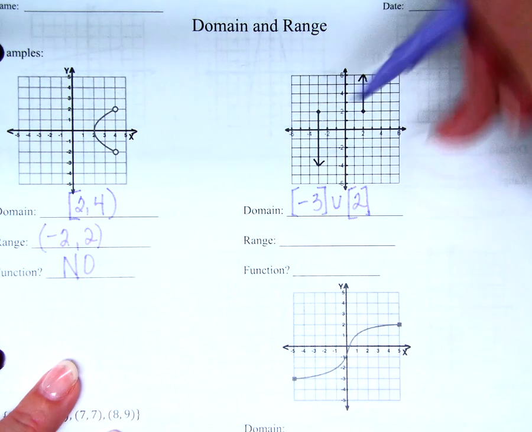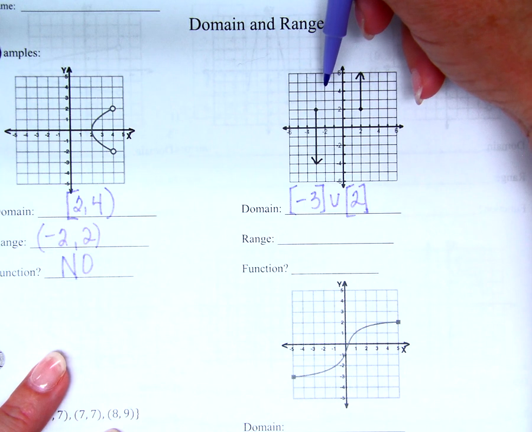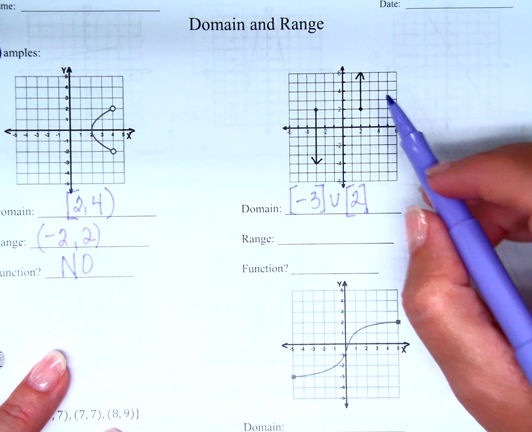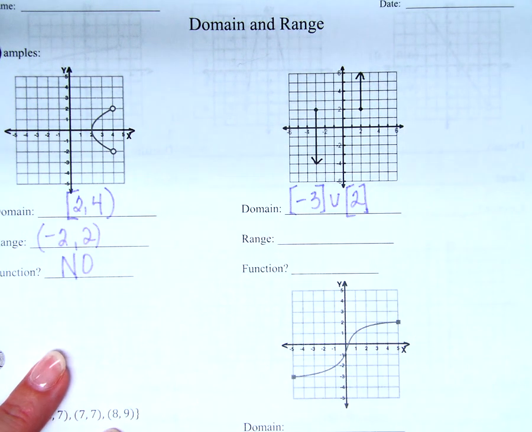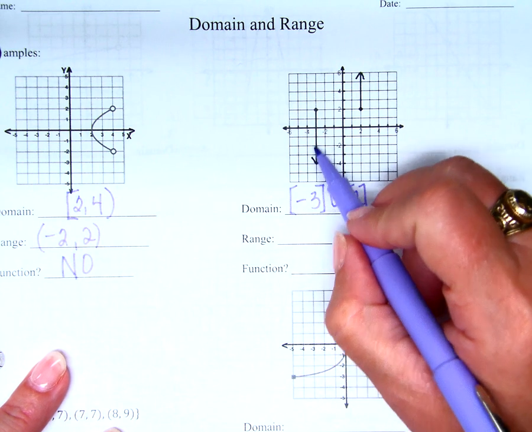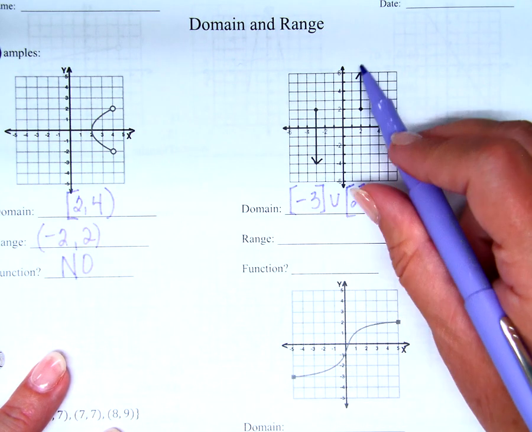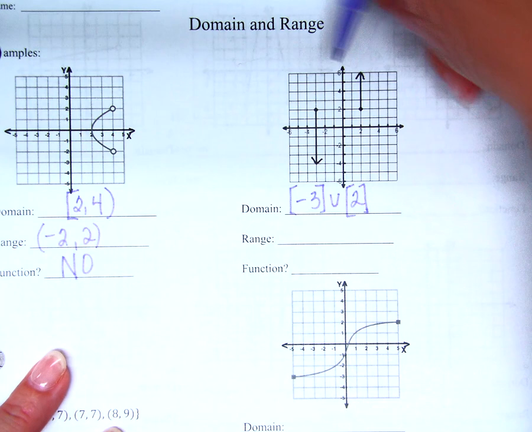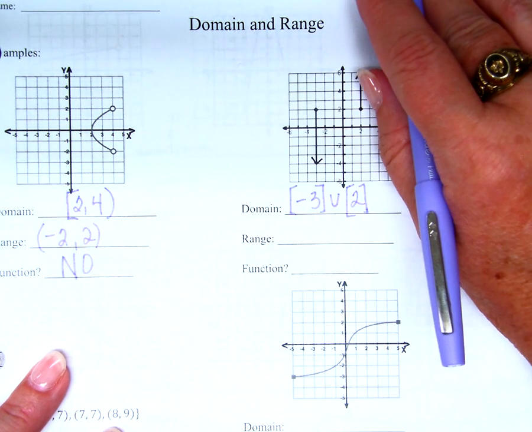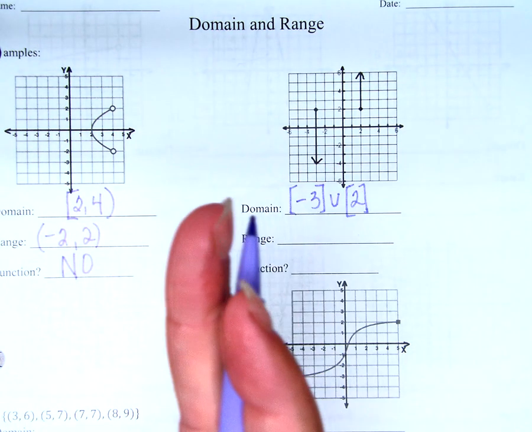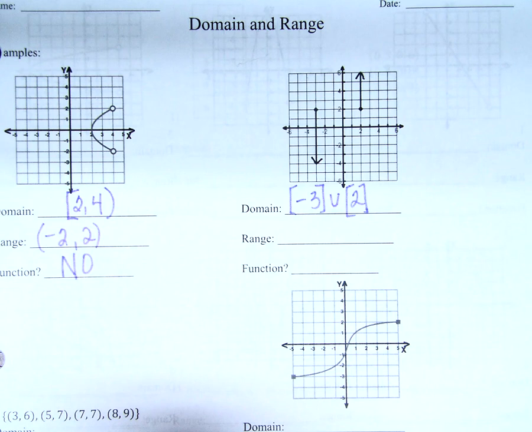What about the range? How far down does it go? And how far up does it go? Positive 2. Where? Well, on this side, you're right. It absolutely only goes up to positive 2. But what happens on this side? Forever. So do you think it's okay for me to say negative infinity to positive infinity? Even though they're not touching? Yeah, because we're talking about y values, right?